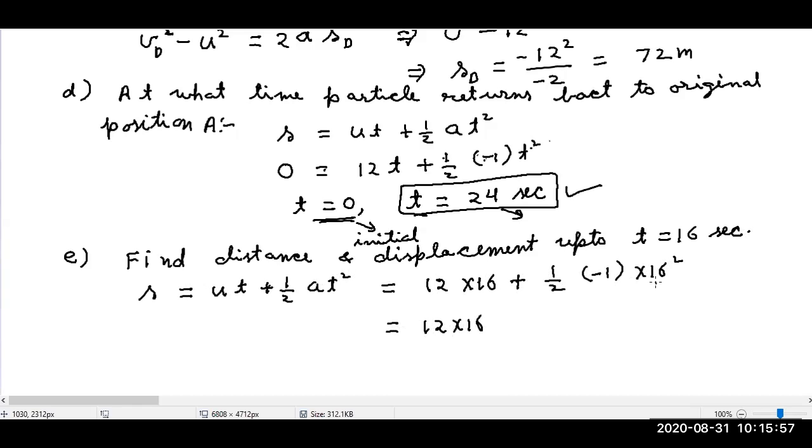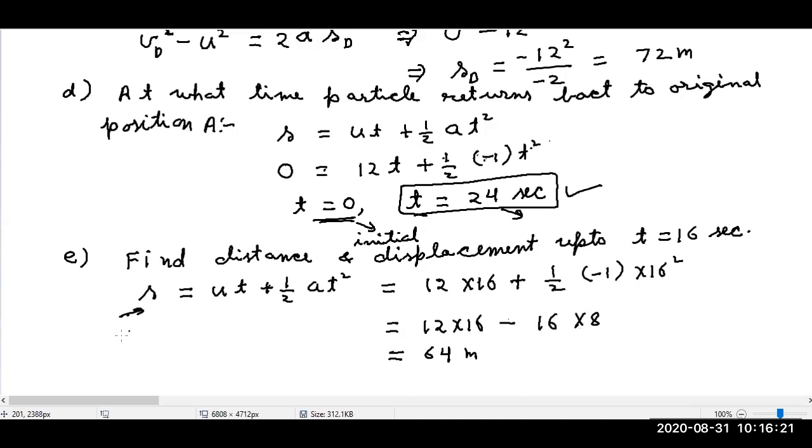It will be easier to solve. So 16 square means it is 16 into 8. We can write it like this, 16 into 8. So if we solve it further, it will be 16 into 4. So 64 meters we are getting. So up to 16 seconds, the displacement is coming 64 meters.